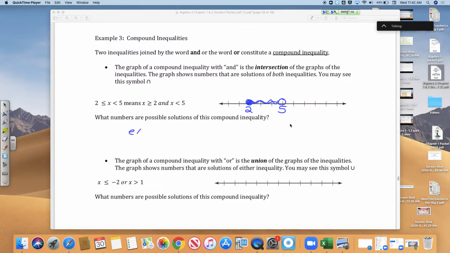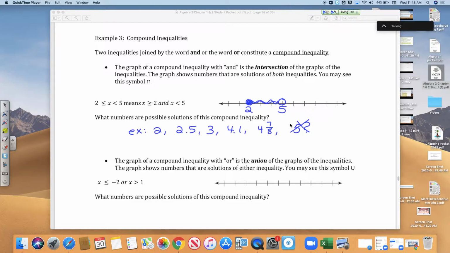So examples could be like 2 is a solution, 2.5, 3, 4.1, 4 and 7/8. But would 5 be a solution? No, 5 would not be a solution because 5 is technically not part of the solution set since it's an open circle and everything less than 5 is a solution.